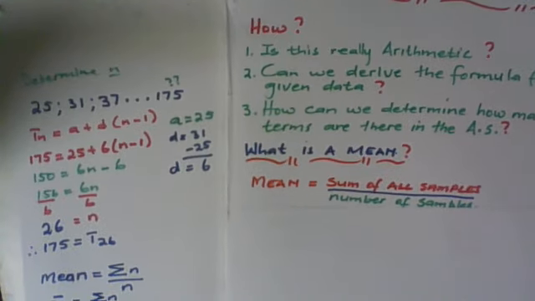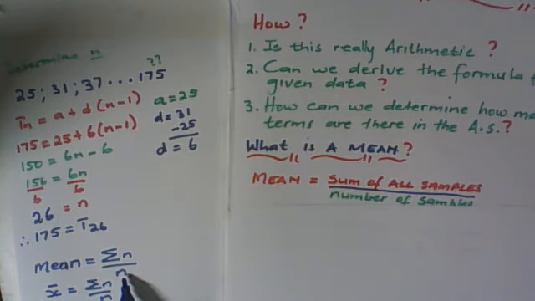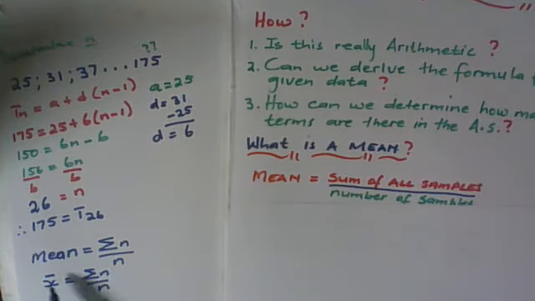This is how they represent it. The mean is equal to the sum, in sigma notation, of n terms, then divide by n. And this is how you represent the mean: it's x with a bar on top of x. This line is called the bar.